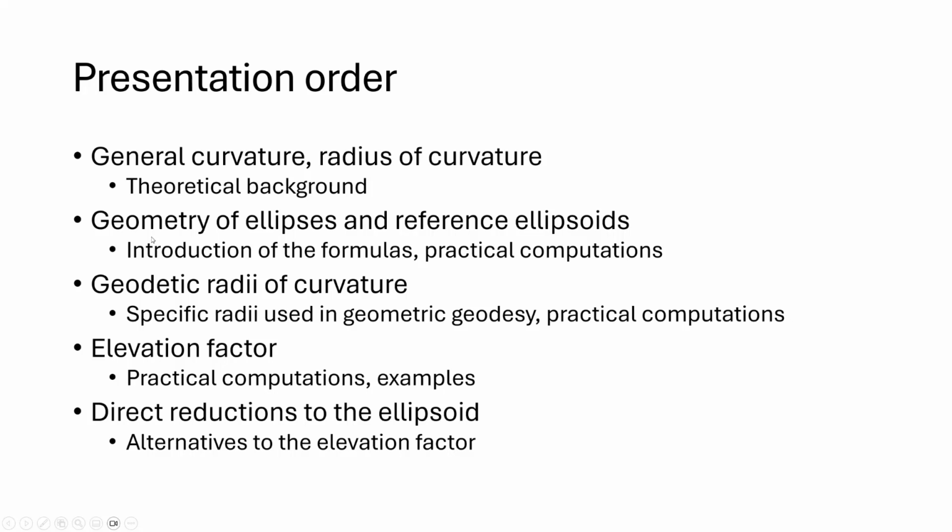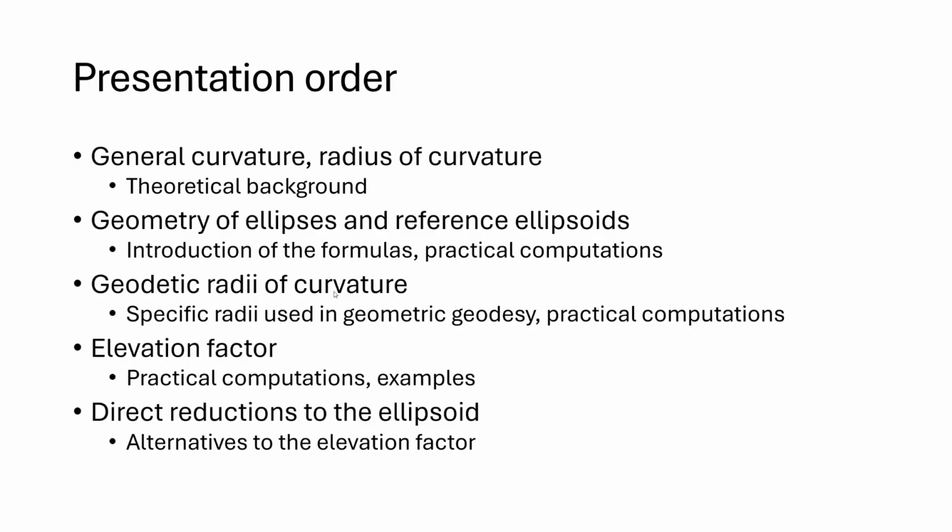Following that, we'll take a presentation, a review of the basic geometry of ellipses and the fundamental formulas that we're going to need thereafter. So this will be a little bit theoretical, but mostly practical. Here's how you compute the various values that we're going to need in order to move to the next presentation, where we take a look at what the various radii of curvature are that we use in geodesy.